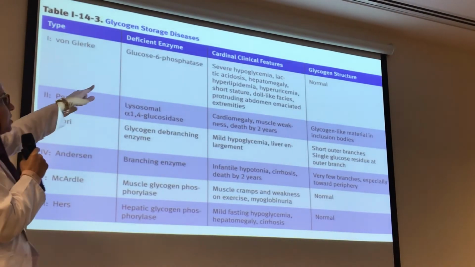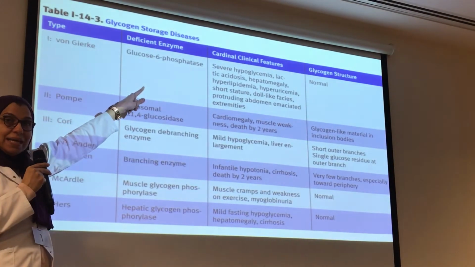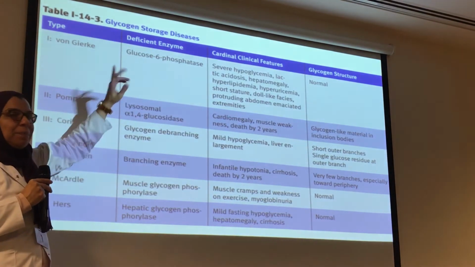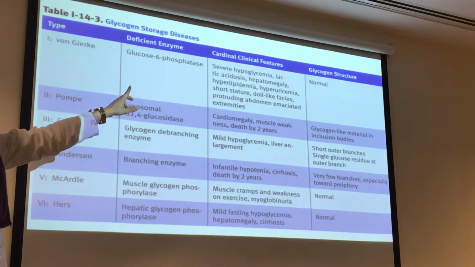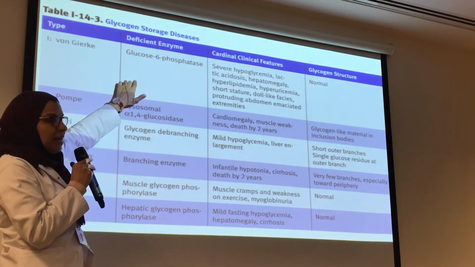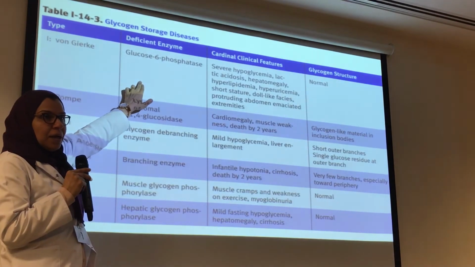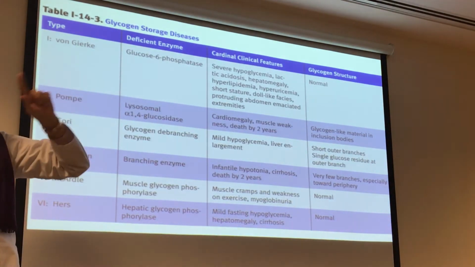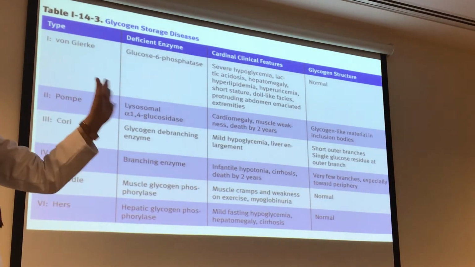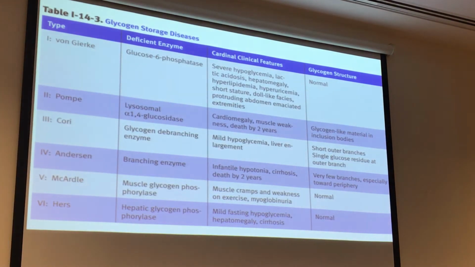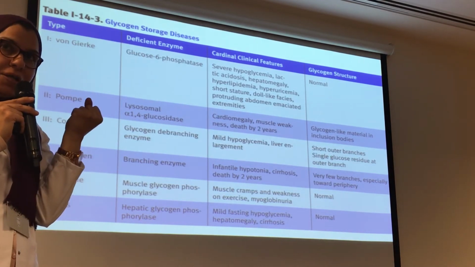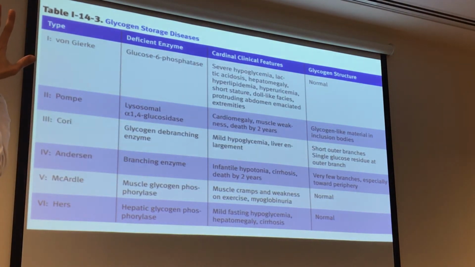So we have deficiency in the glucose 6-phosphatase, and this is present where? In the liver. In the liver only, not in the muscle. Okay? Now we're talking about glucose 6-phosphatase, the enzyme needed to remove the phosphate from glucose in order to make it free, right?